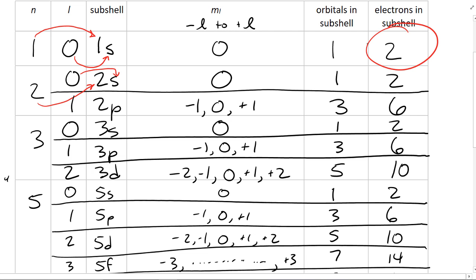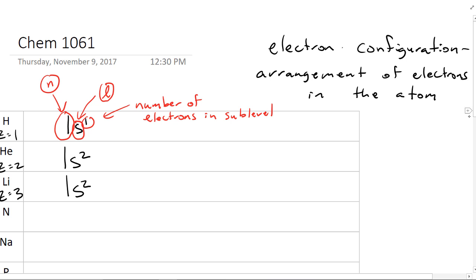And once we fill that up, there's no more space in the 1s sublevel. We have to go on to the next one, which is the 2s. And since we have 1 electron left over, that means we put 1 electron into that 2s sublevel. So we write it as 1s2, 2s1. And that's how it's read, 1s2, 2s1.